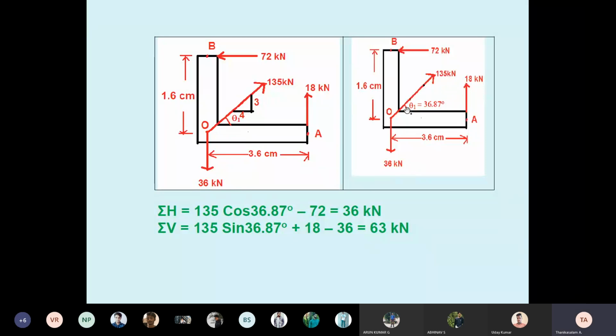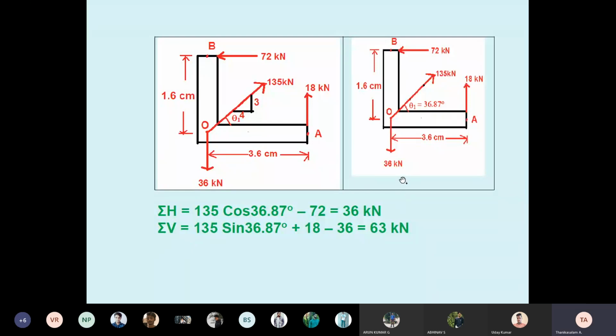Here 135 is lying in the first quadrant, so x component is 135 cos 36.87, plus, since x is plus in the first quadrant. Then what is the other force acting in the x direction? The 72 goes to the left side, minus x, so I have written minus 72. So only two horizontal forces. Therefore the answer is 36 kilonewton.